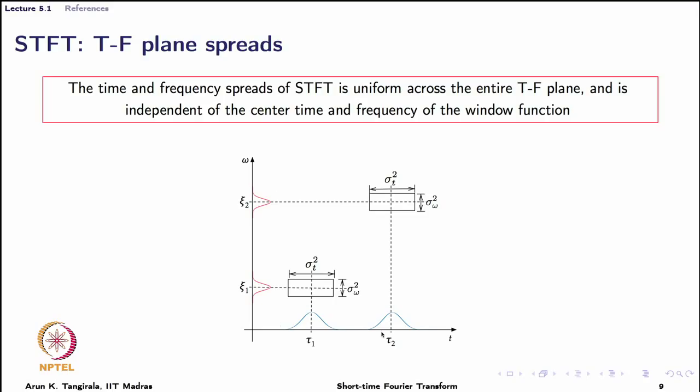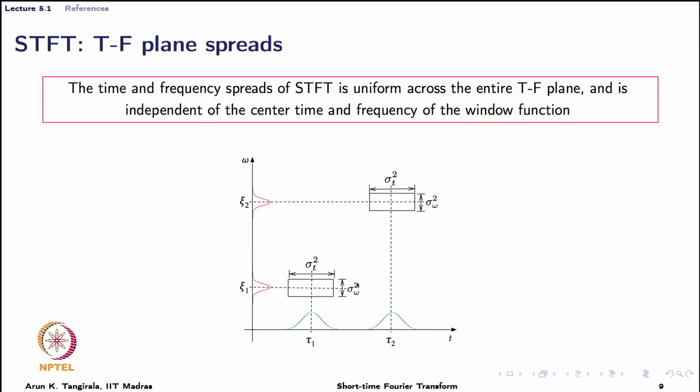So, this is the time frequency plane. The horizontal axis is time and the vertical axis is frequency. I have this window function, just a symbolic one, in time, which has a certain width characterized by sigma square t. Remember, sigma square t is only a measure of the width.